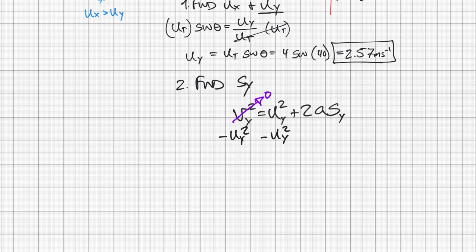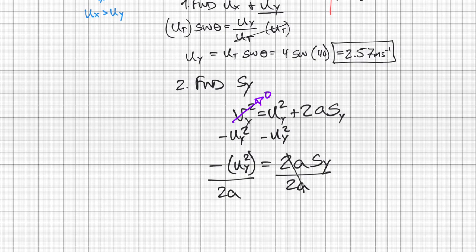And so I should get a negative initial velocity squared, and again, the negative, let me write it like this, the negative is outside the squared, right? So negative initial velocity squared equals 2a SY. I'm going to divide each side by 2a.